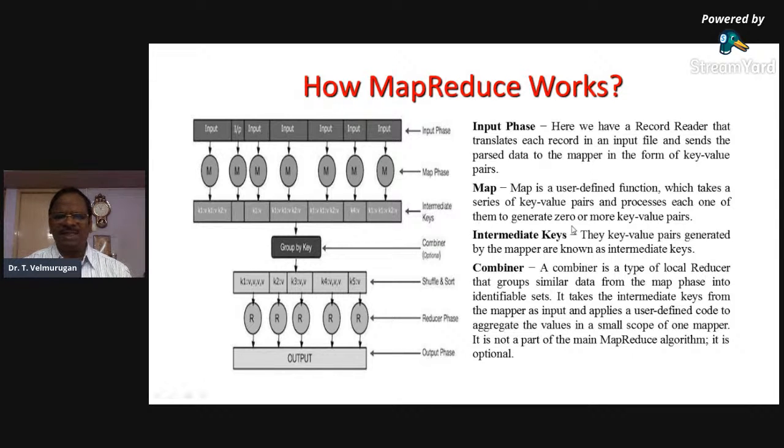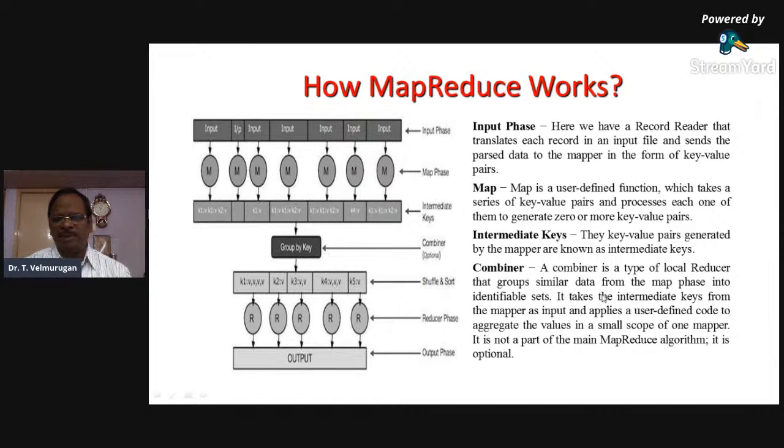If necessary, the intermediate keys are created. The key value pairs generated by the mapper are known as intermediate keys.